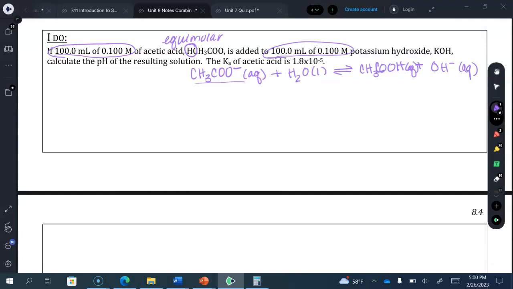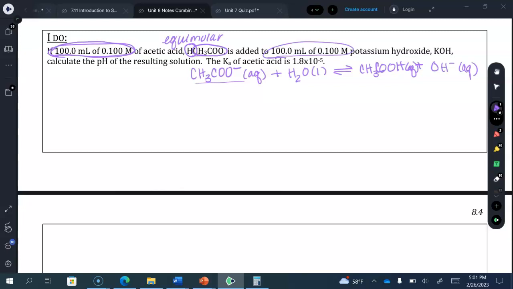Okay, so in order to do the ICE table, we need to know the concentration at the equivalence point of the conjugate acid, or conjugate base, my apologies. So in order to do that, we know that when it all reacts, the amount of moles here is going to be the amount of moles of this as well, from the balanced reaction between potassium hydroxide and acetic acid.